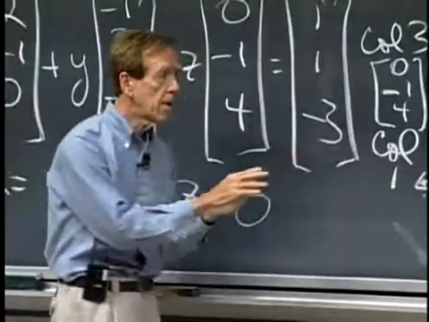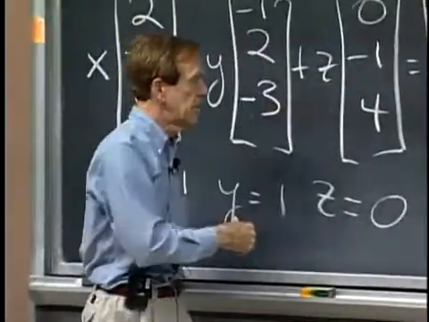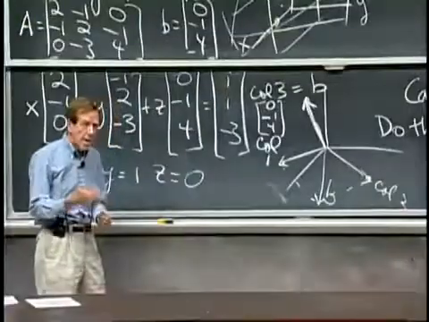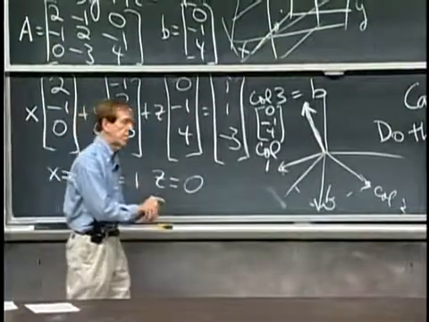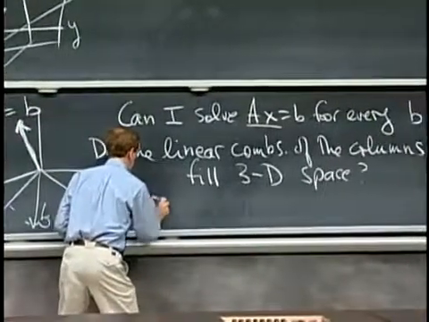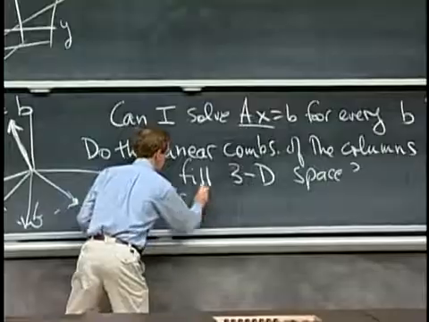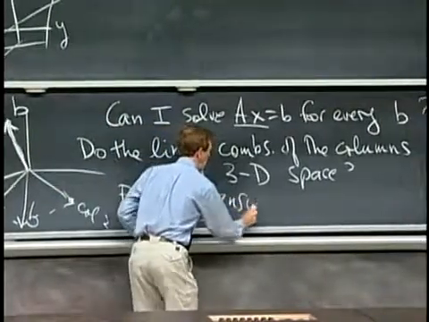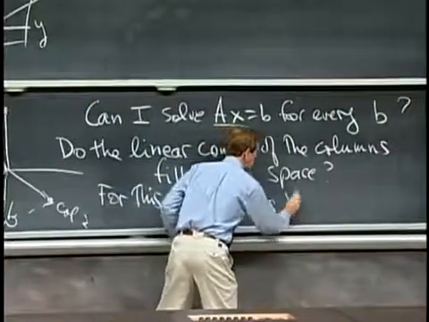I'm taking linear combinations of these three columns, and I'm trying to find b. And actually, the answer for this matrix A will be yes. For these columns, the answer is yes.